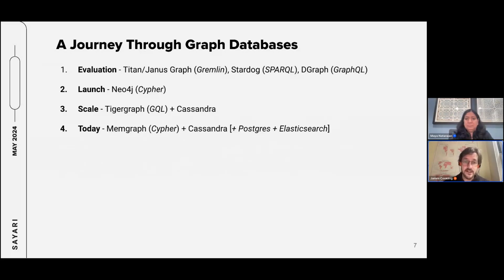We switched to TigerGraph and then paired that with Cassandra about halfway through. And then when we started running into issues with TigerGraph, we switched to Memgraph. And that's where we are today. Basically, we have a Memgraph database that pairs very well with a Cassandra database. And then there are other workloads handled by stuff like Postgres and Elasticsearch.